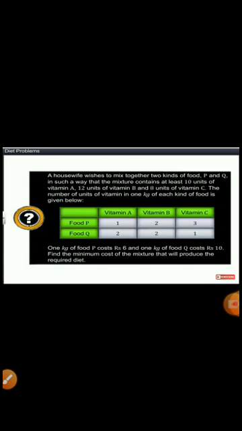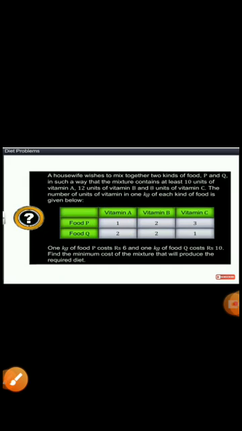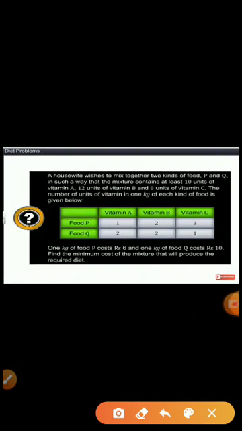So the number of units of the vitamin in 1 kg of each kind of food is given below. It is given that food P contains 1 kg of vitamin A, 2 kg of vitamin B and 3 kg of vitamin C. Okay, food P contains 1 kg of vitamin A, 2 kg of vitamin B and 3 kg of vitamin C. So we will be writing accordingly in the table.